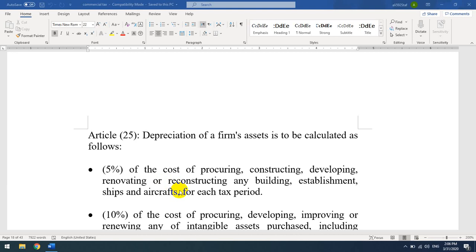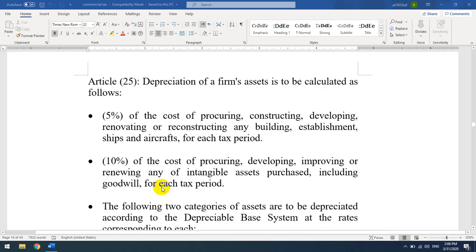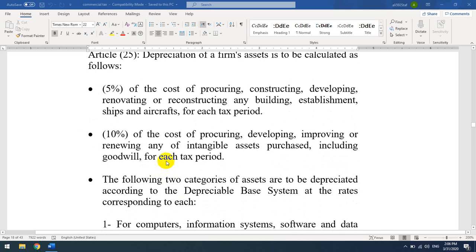The second group of fixed assets is the intangible assets.